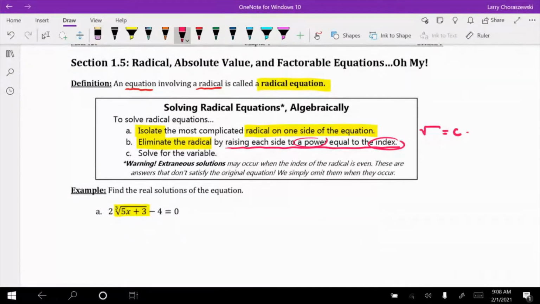Then if you isolate your square root on one side of the equation, what you want to do next is square each side. The reason for doing that is because when you square a square root, those two cancel out. And the reason why I use the square is because this is an implied square root due to there being no number written out on the little edge.